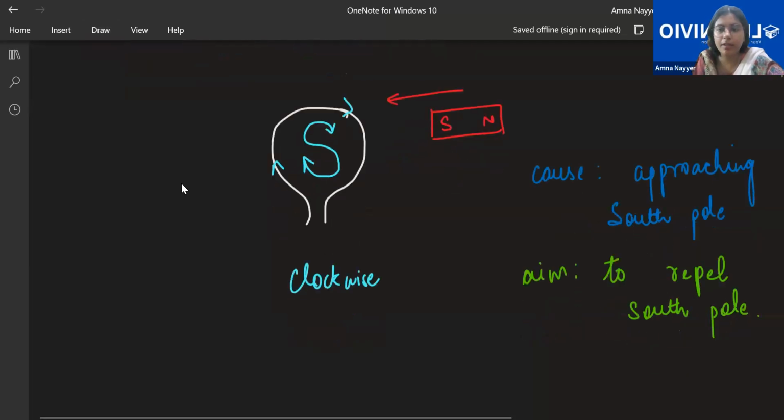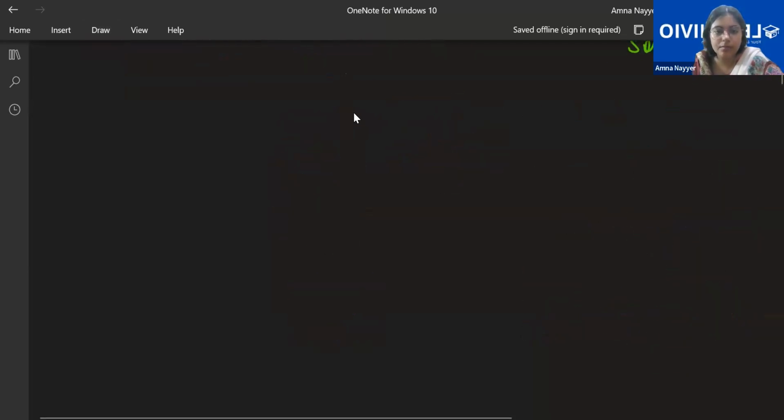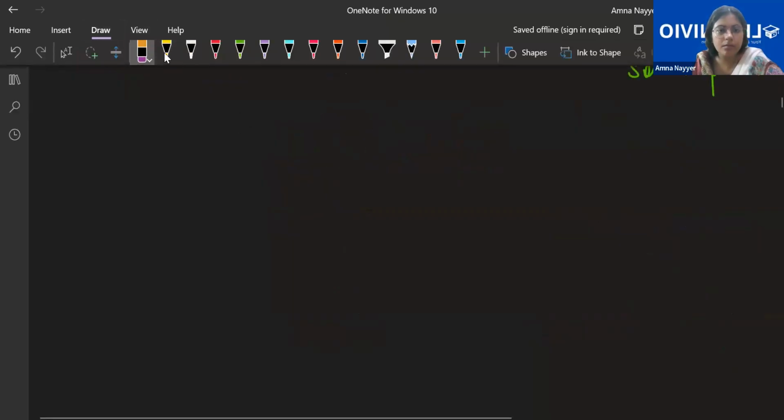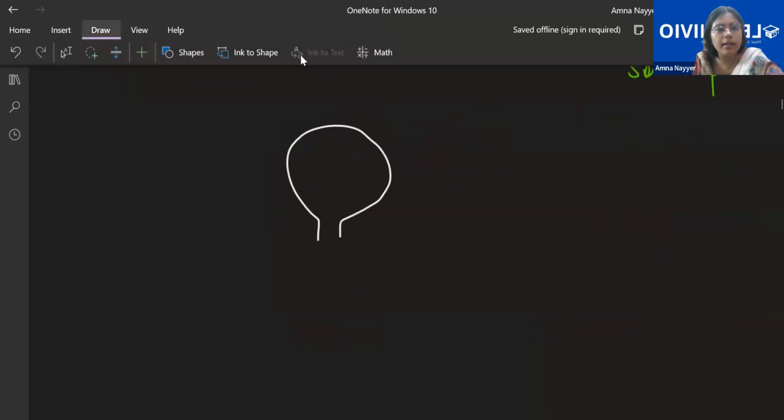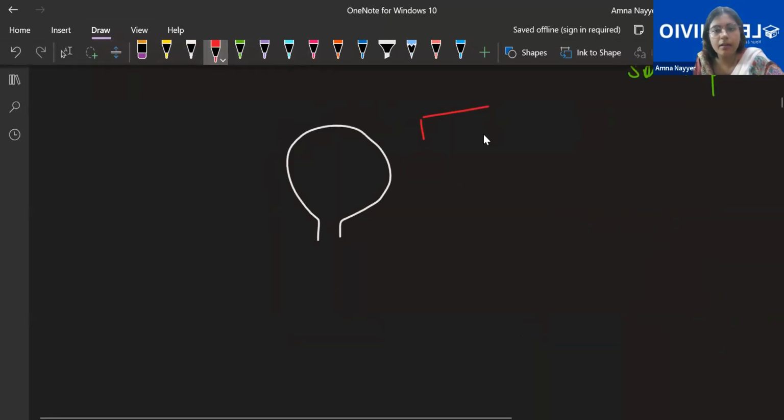One more example, let me give you. This is the coil. This is the bar magnet. Let's say this is moving away with some velocity.